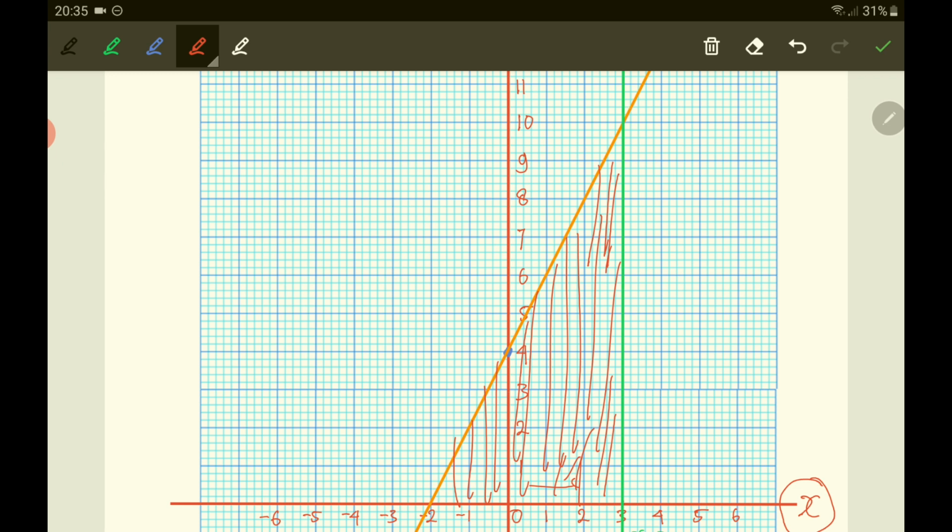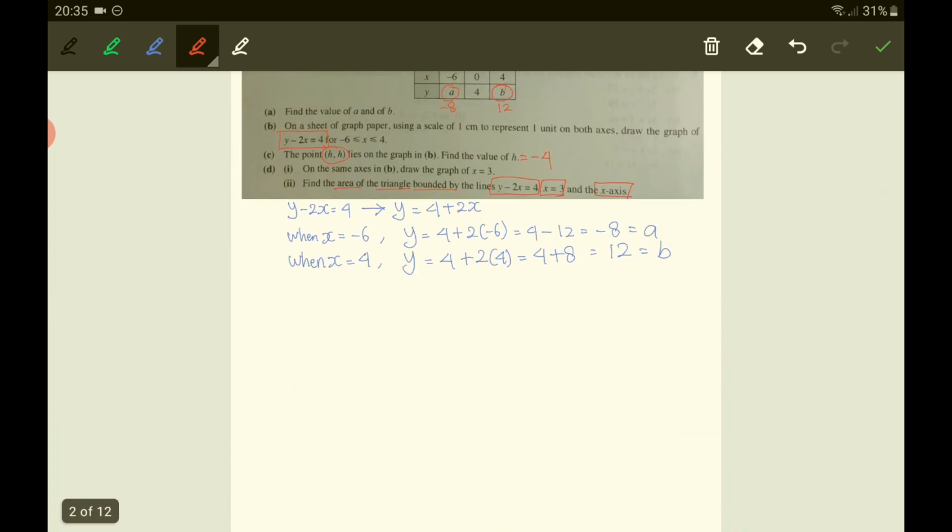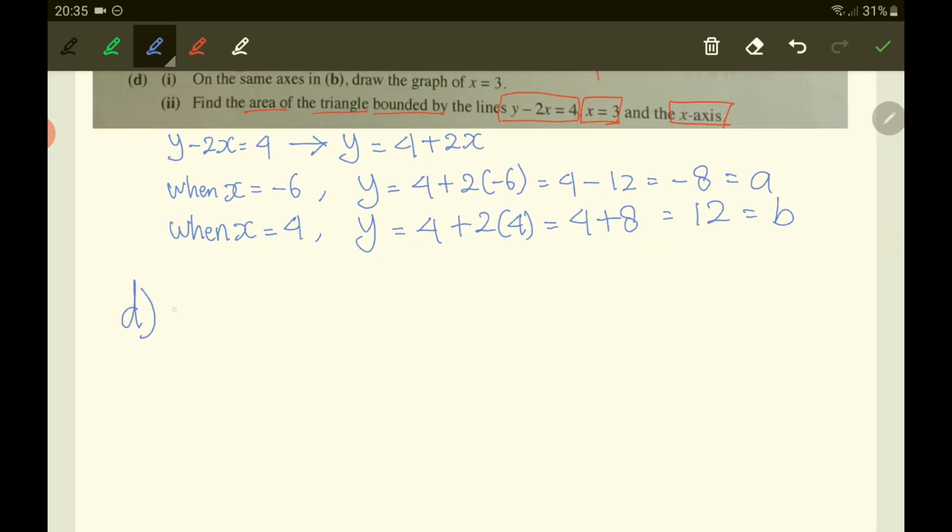So this is for D, the area of the triangle. We just measured it. The base is equal to 5 units, and the height of the triangle is 10.